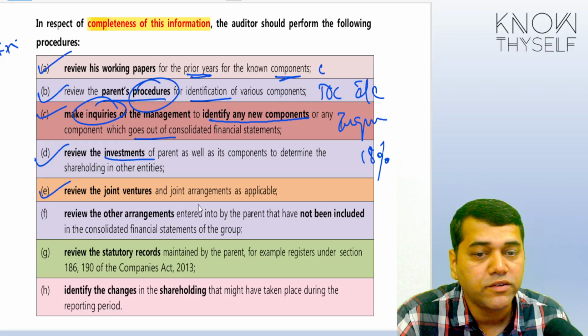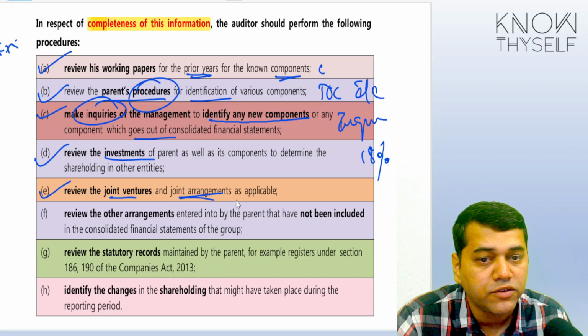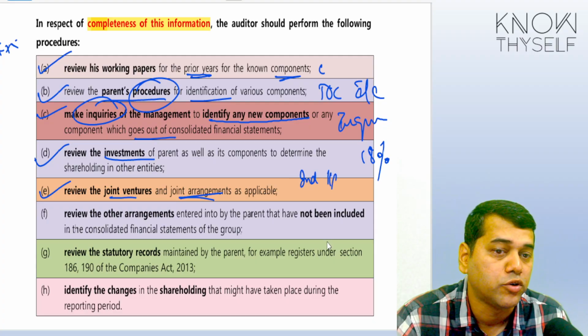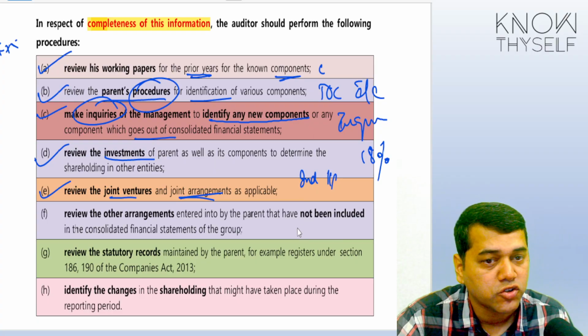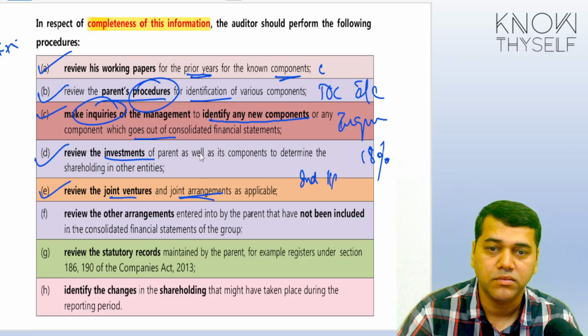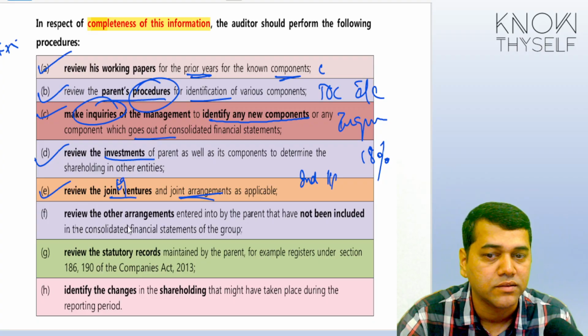Now, review the joint ventures and joint arrangements. Ind AS 111 talks about it. So whether it's a joint arrangement or a joint venture. In case of joint operation, you need to have consolidation like individual line-by-line items. Joint venture will have equity method.